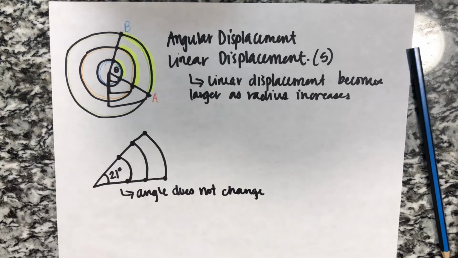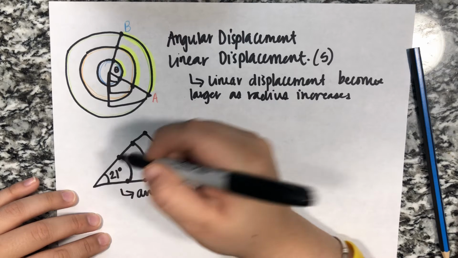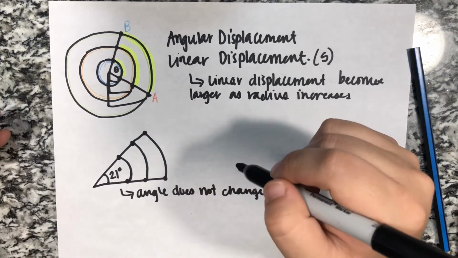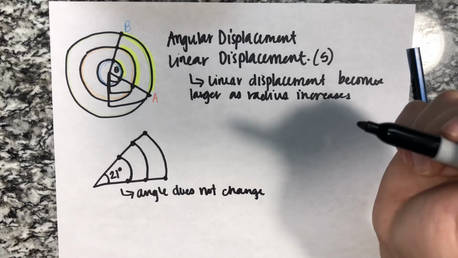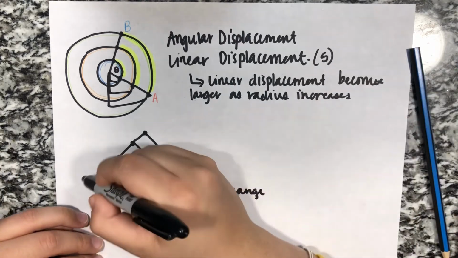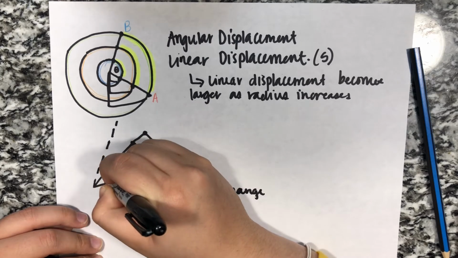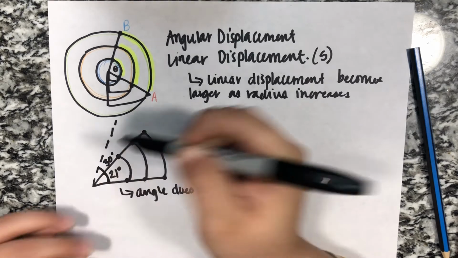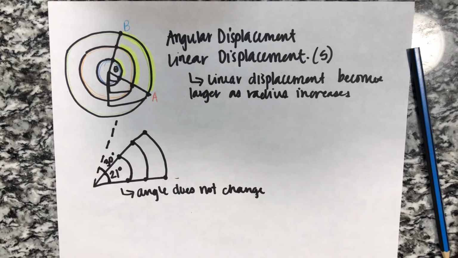I know some people may get confused and say that the angle does change because they measure it from here to here instead of from here to here. The angle stays the same all the time, as long as it's consistent. Now, if I were to widen it over here, say it moves from here to here to 30 degrees, then it would change. But within this line and this line, that angle has to stay the same.